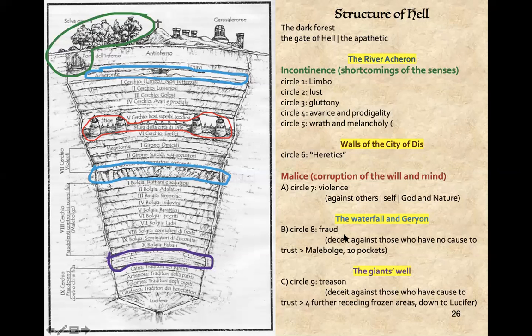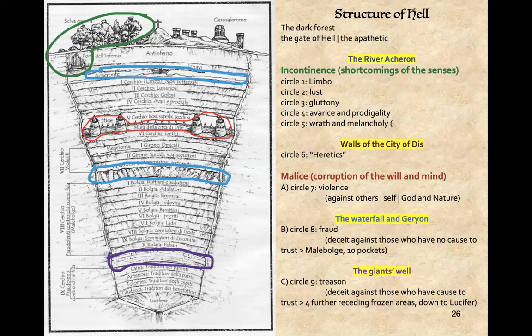And fraud is defined as deceit against those who have no cause to trust. So Dante devotes a lot of cantos to the different aspects of fraud. There are 10 different pockets of fraud that he has to go through with Virgil.